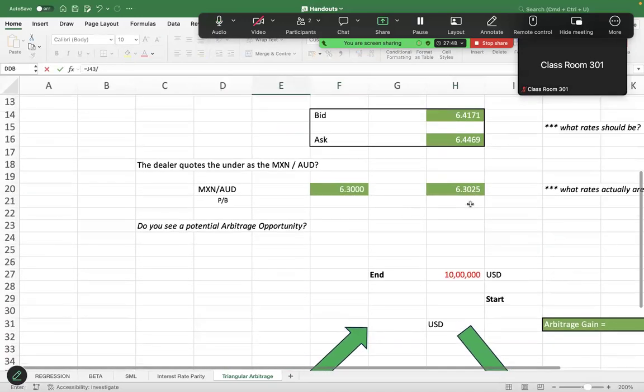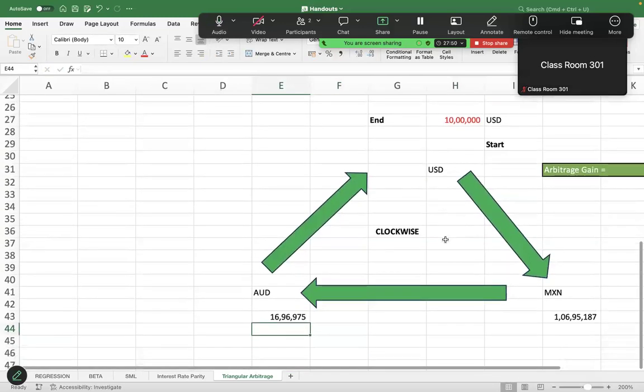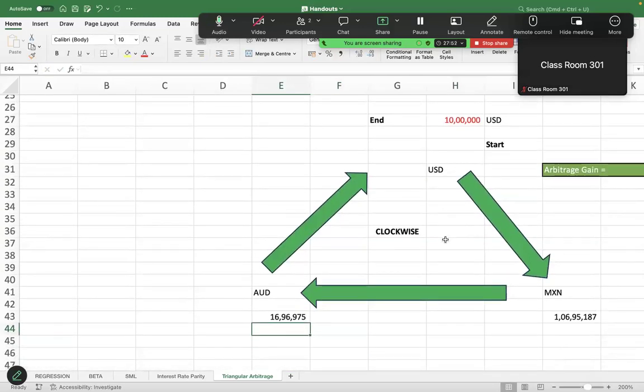This value divided by this value. So I can buy 1696,975 Australian dollars.